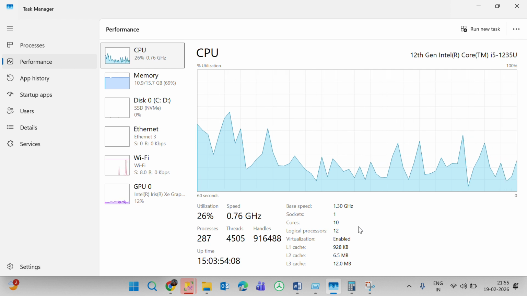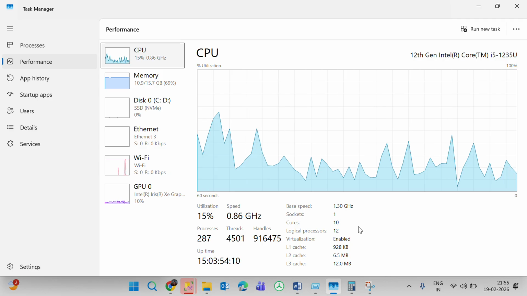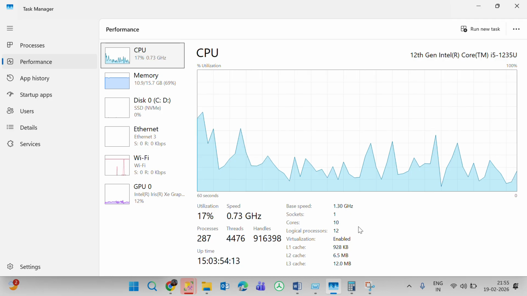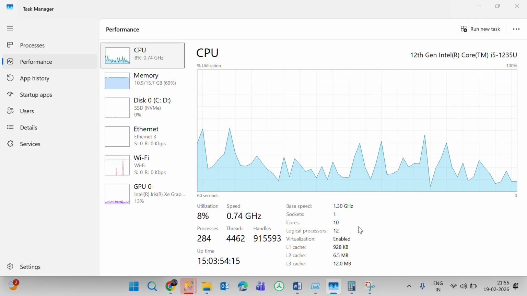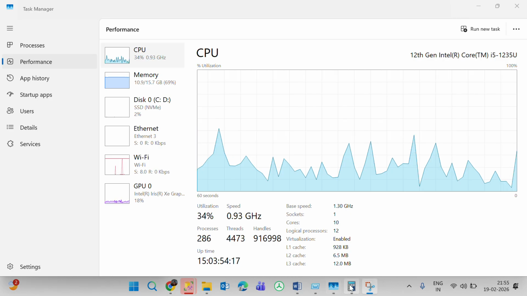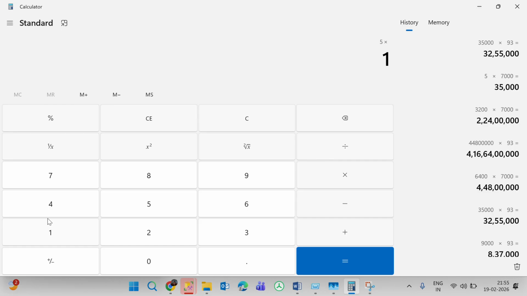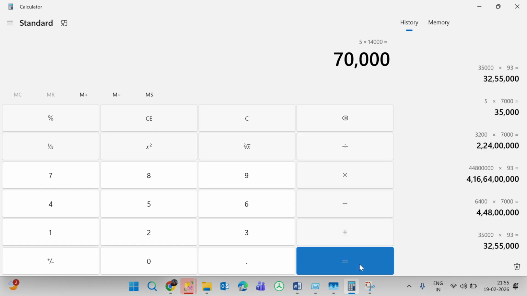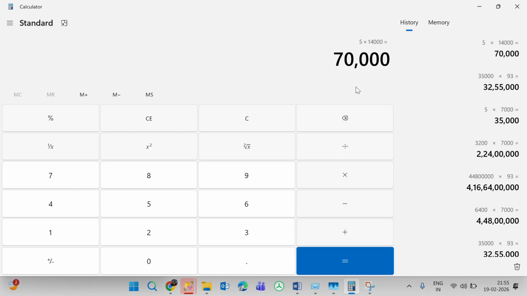Two cores per pack means if you divide 10 by 2, that's 5 packs, into 14,000. On the calculator, $14,000 into 5 equals $70,000 we need to pay for this enterprise edition.